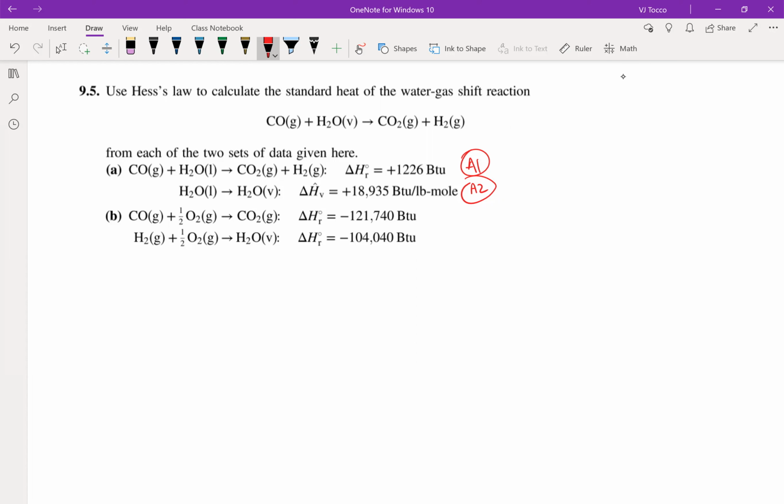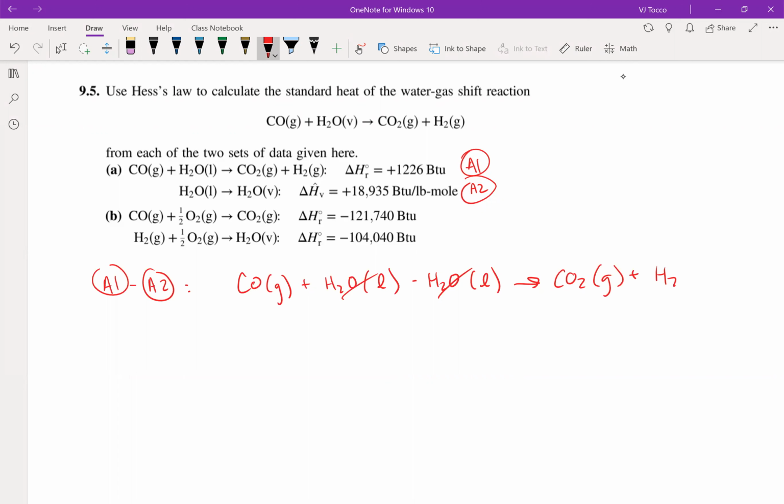I've labeled the first reaction A1 and the second reaction A2. If I take reaction A1 minus reaction A2, I will obtain carbon monoxide in the gas phase plus H2O liquid minus H2O liquid, which will cancel out algebraically, goes to CO2 plus H2 minus H2O vapor.